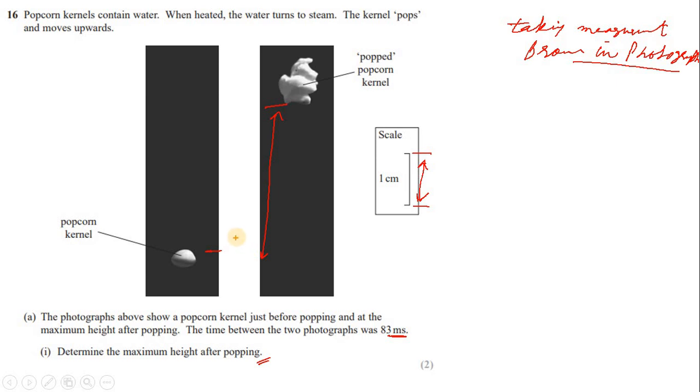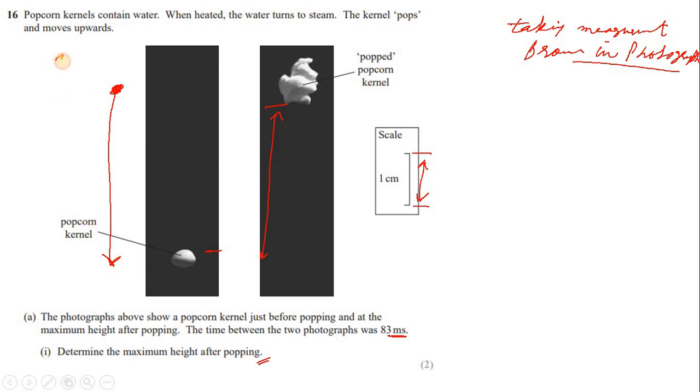The second method is you just imagine some particle, some object, falling from that height from rest, because the kernel at that moment is at rest, at maximum height. So you can imagine a particle at that height falling freely.